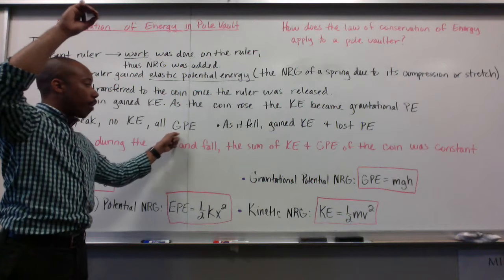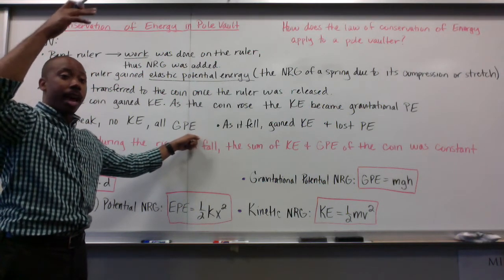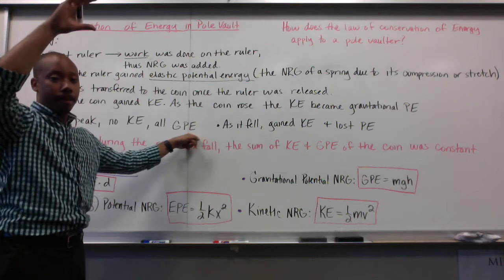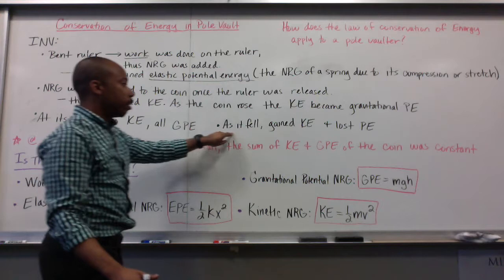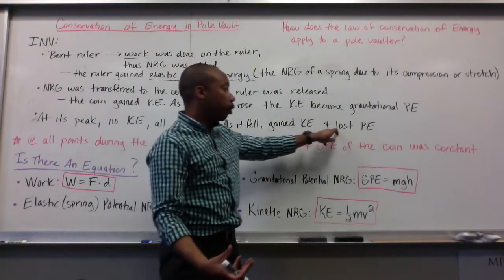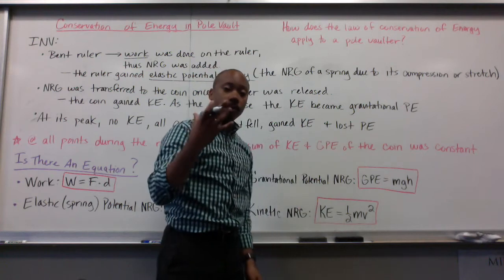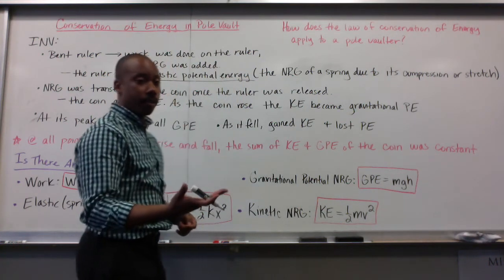So we have all gravitational potential energy. All the energy it has is based on its position in the air. As it falls back down to the ground, we gain kinetic energy because we're gaining velocity, and we're losing potential energy because our position is going back to the original position that we started in our hands.